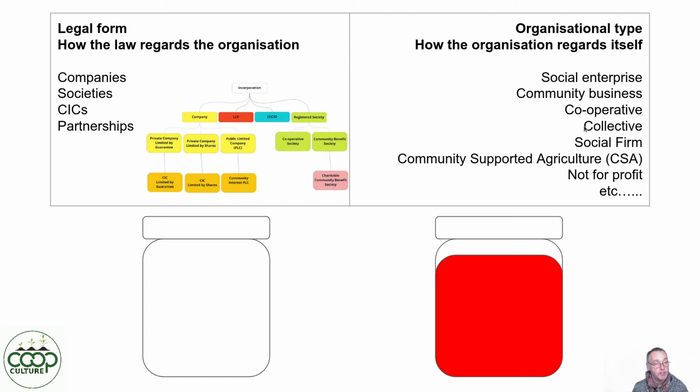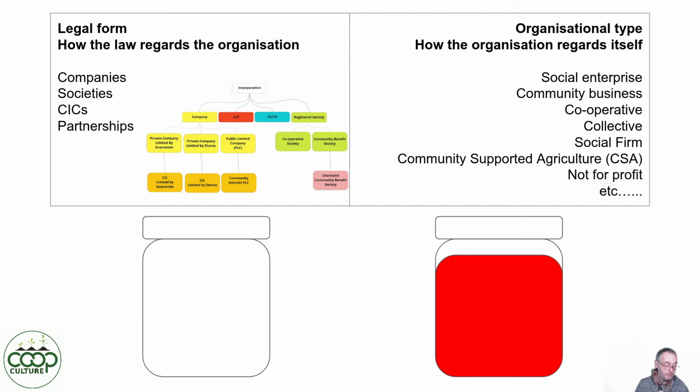You often hear terms like collective. All collective means is that all of the members of the organisation are also on the governing body. And various other ones like social firms, community supported agriculture and not-for-profit. So you can see these have more of a branding feel. Really, they're how you boast about your organisation to the wider world, and it may be that you mix and match and use different ones for different audiences.